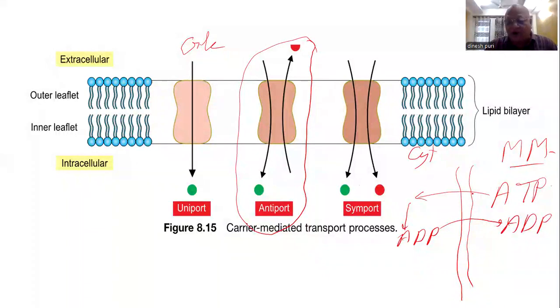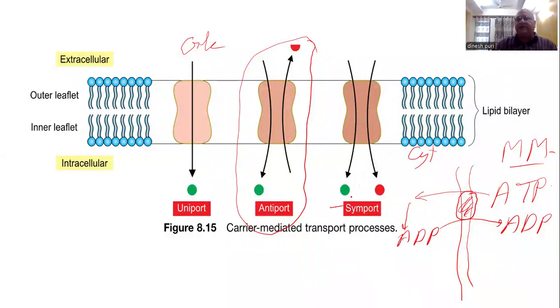This transporter is called ATP-ADP translocase. Isn't it a method of antiport? And it does not require any energy. So it is wrong to say that antiport is ATP dependent, because we have seen one example where it is not. So we can say it is a facilitated transport because no energy is required.